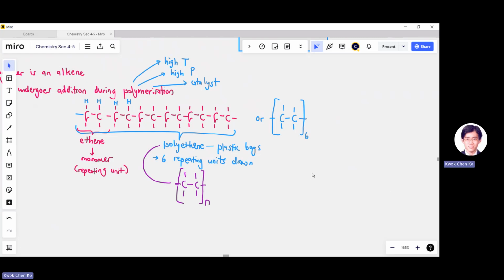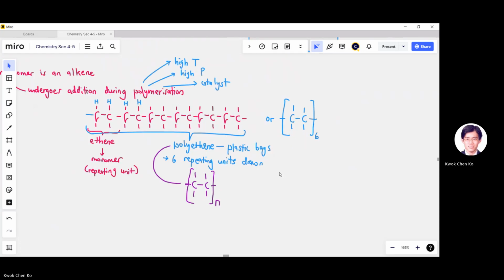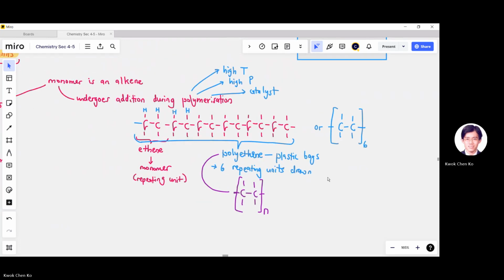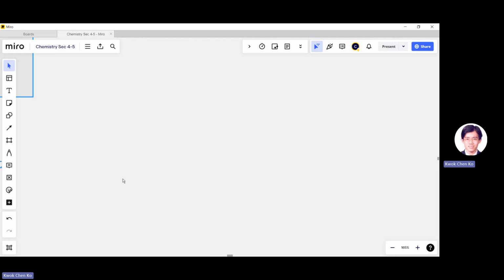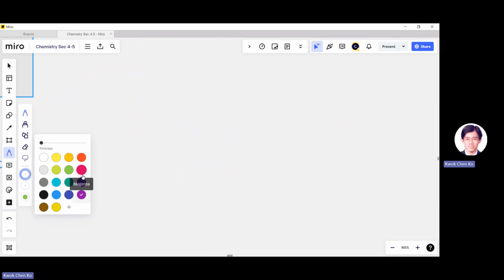Now, the tricky thing is, this is easy. Ethene is easy. But what if they give you something like this? Let's say they tell you the monomer is propene.